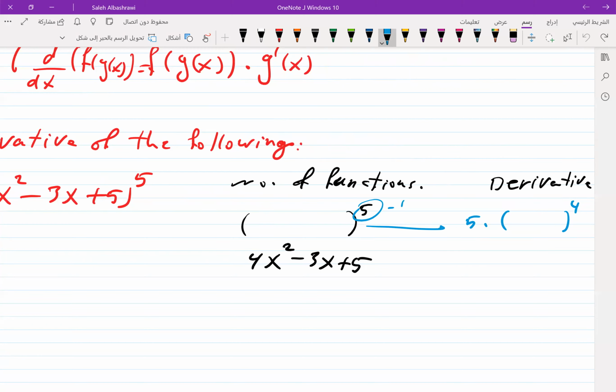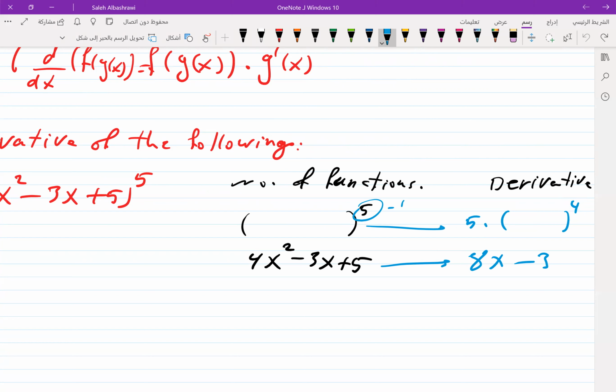This will be the first derivative. Now the second one, the derivative of the polynomial, is equal to 8x minus 3. So these are the derivatives.